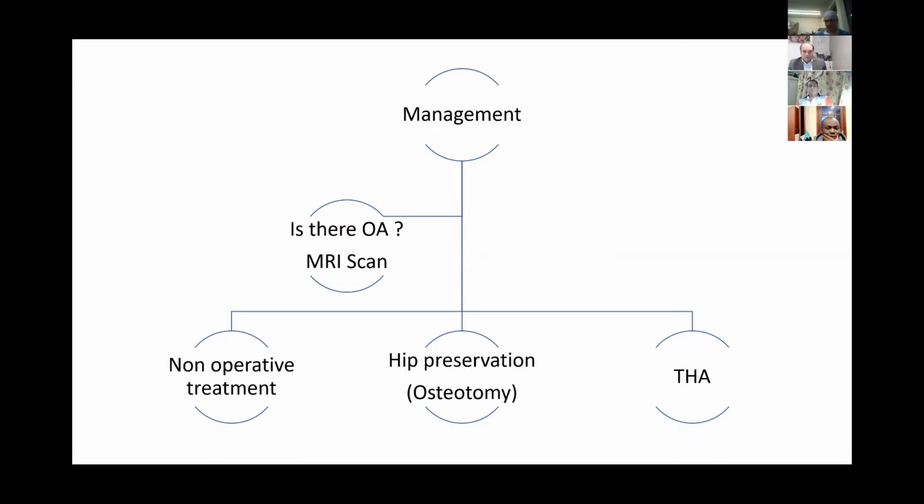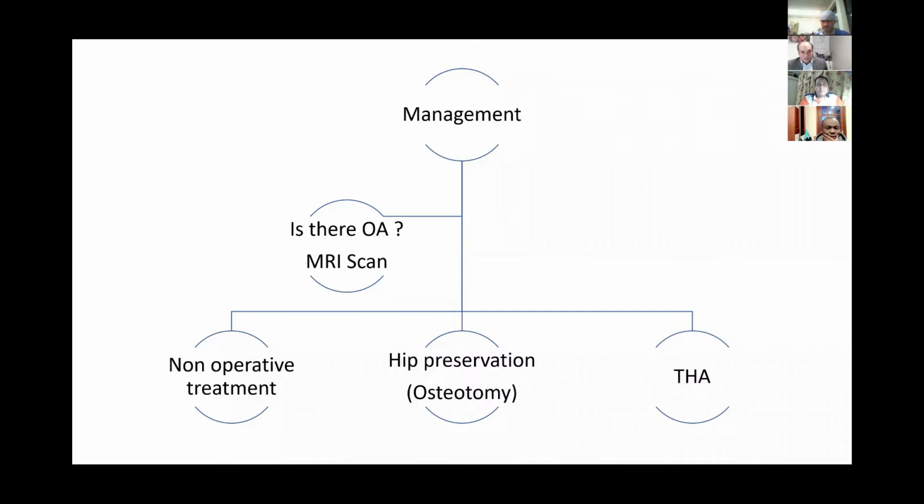Non-operative is mainly for patients who have mild symptoms or are asymptomatic. For symptomatic patients who don't have arthritis, you could really argue against non-operative treatment unless they refuse surgery, because the natural history of this disease is to progress to arthritis.